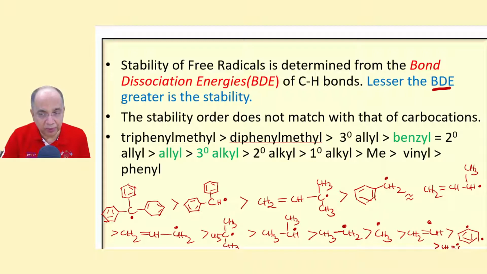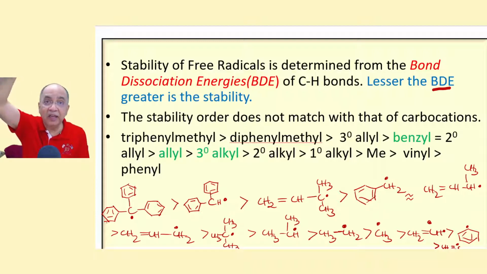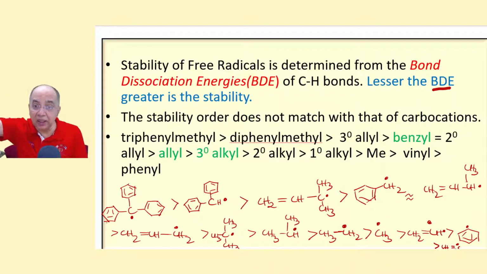There it was first vinyl, then phenyl, then methyl, and here methyl, vinyl, phenyl, and the common thing is ethynyl is the last. Why has this happened here? Because this is an unpaired electron, which is not the same as a complete loss of electron and having a plus charge.